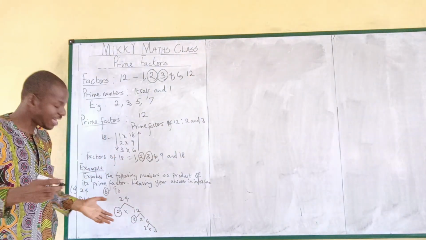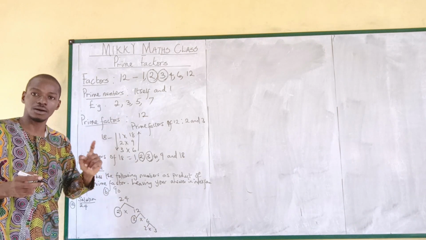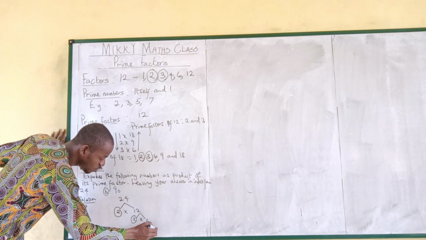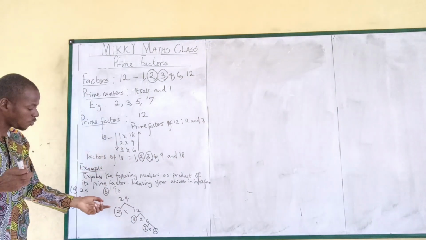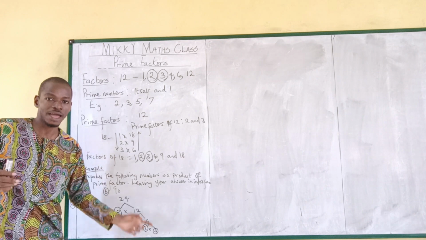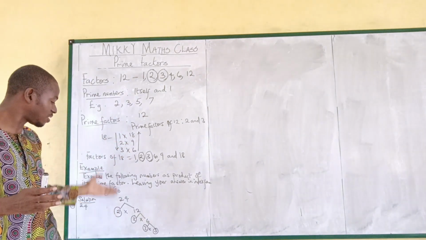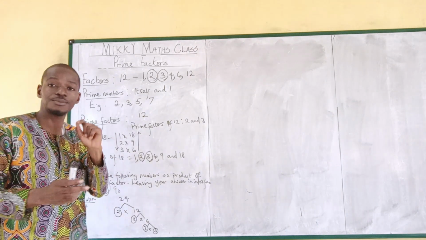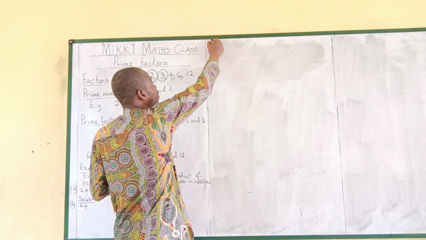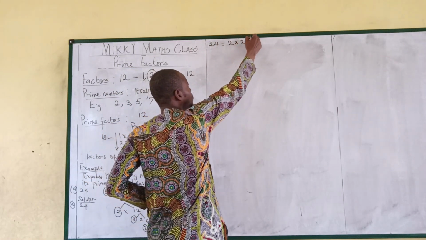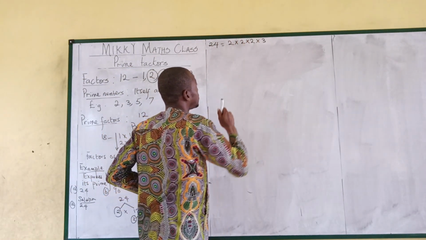Now I have every number broken down as a product of prime numbers: 2, 2, 2, 3. I've used the factor tree to express 24 as a product of these prime factors. So 24 will be equal to 2 times 2 times 2 times 3.